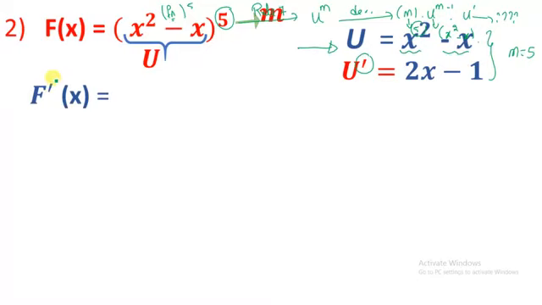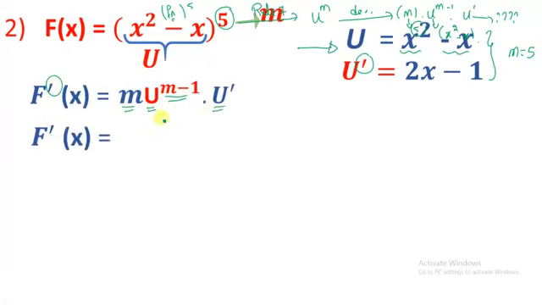So f prime of x equals m multiplied by u to the power m minus 1 multiplied by u prime. Now, what is m? It is the power, it is 5. What is u? It is the quantity between the brackets, x squared minus x, to the power m minus 1.